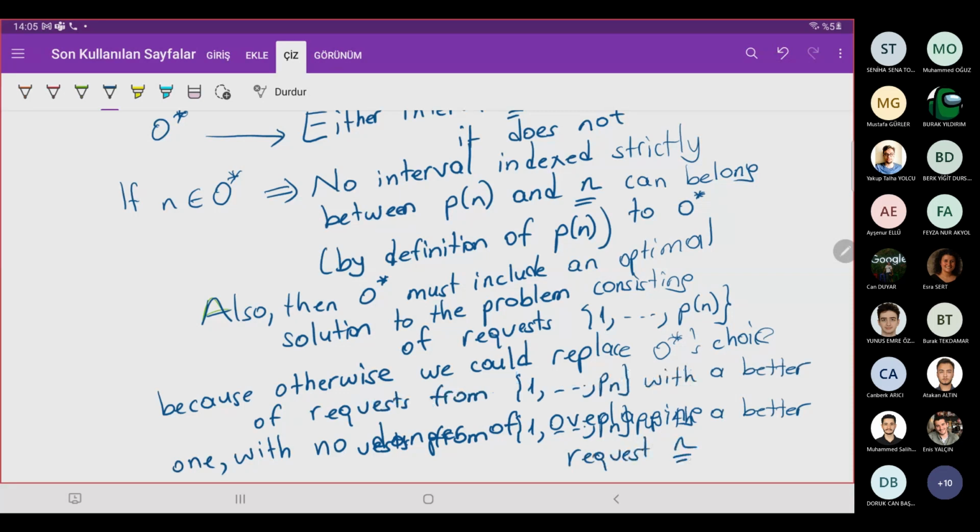Okay, with no danger of overlapping request n.